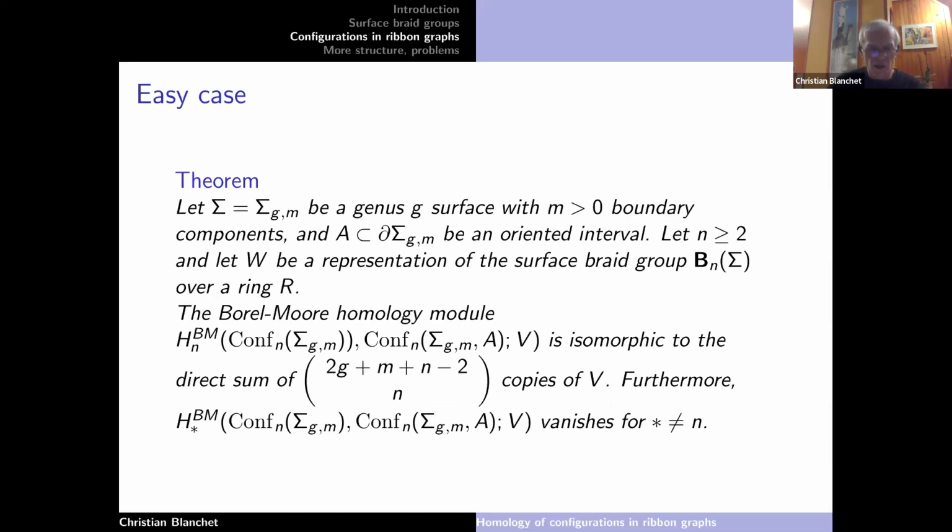Now, an easy case is that if you take a genus g surface with m boundary components, you take A to be just an oriented interval. You take, sorry, it should be V, a representation of the surface braid group. Then the Borel-Moore homology, the relative Borel-Moore homology relative to A, is concentrated in degree n.